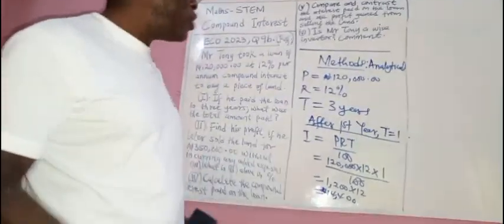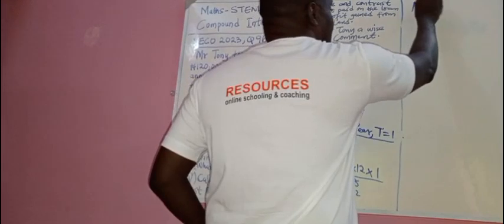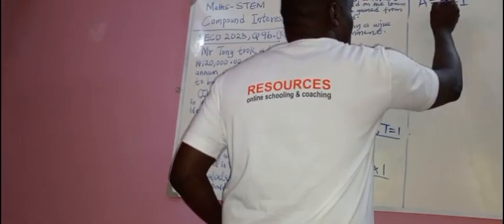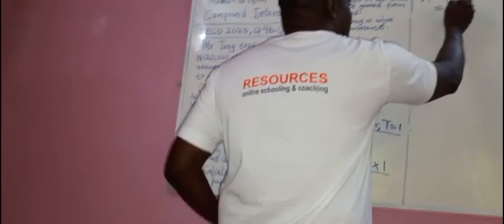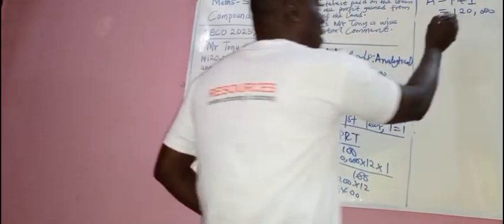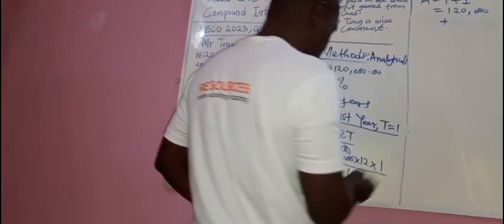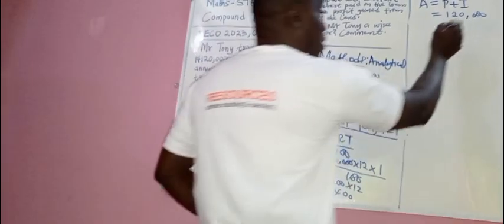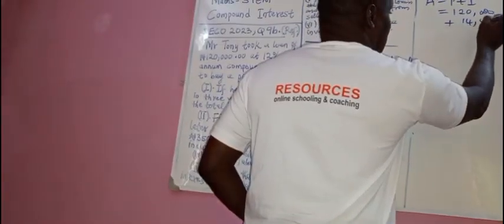Now at the end of this, you calculate the amount at the end of the first year. Amount is principal plus interest, like I told you. The principal is 120,000, the starting capital. Then plus the interest, we have 14,400.